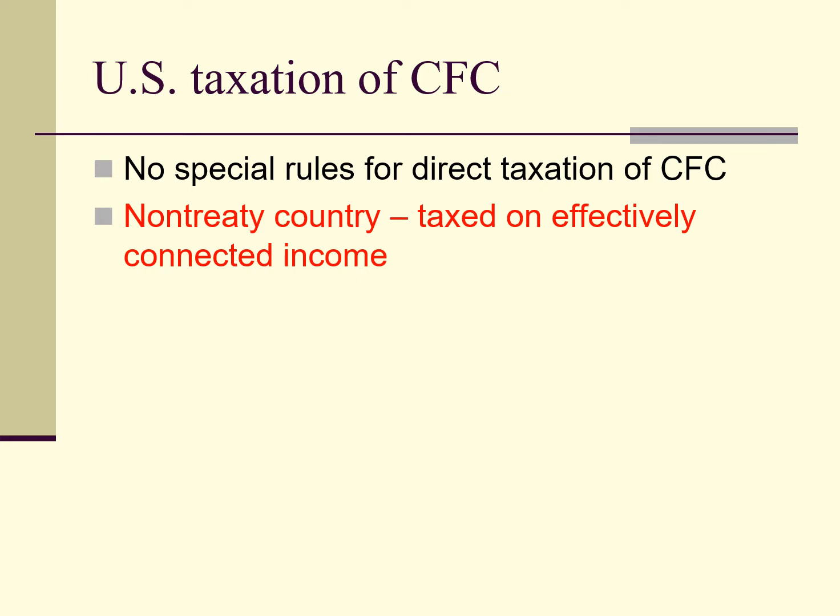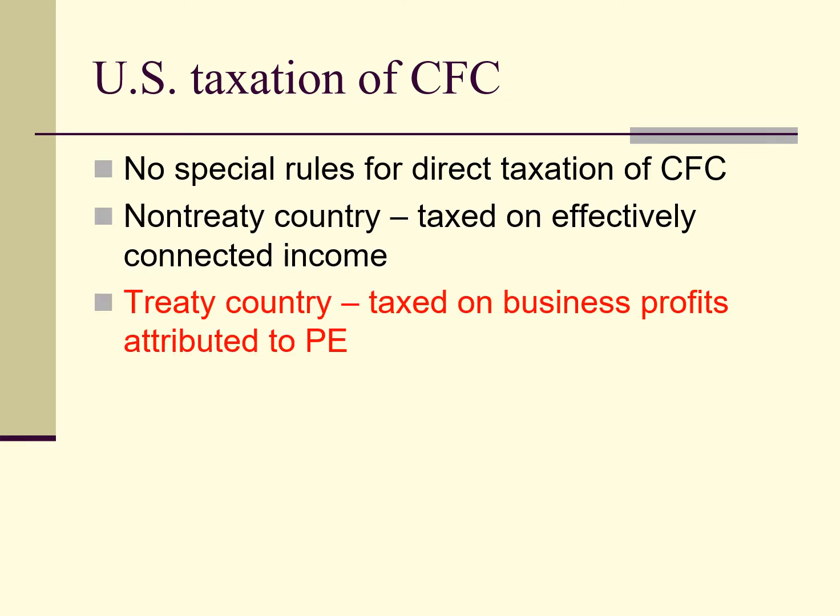Where the CFC is organized in a non-treaty country, it is taxed in the United States on its business profits to the extent those profits are effectively connected with the conduct of a U.S. trade or business. With regard to a CFC that is organized in a treaty country, its U.S. tax on business profits is limited to the tax on such profits that are attributable to a permanent establishment in the United States.